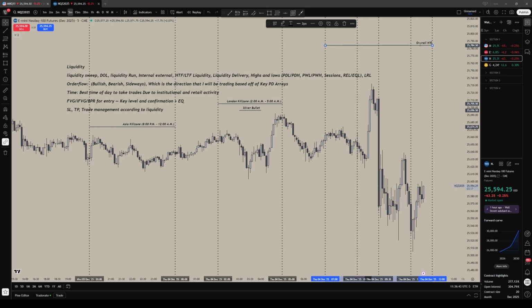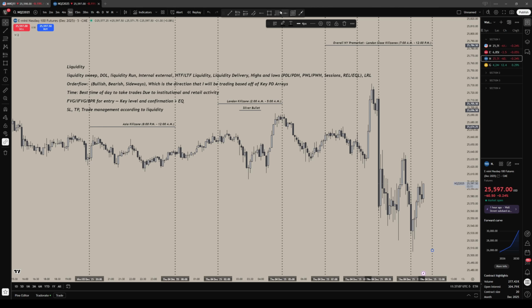New York, let's write this, pre-market to London close kill zones, which is from 7 a.m. to 12 p.m. Why?